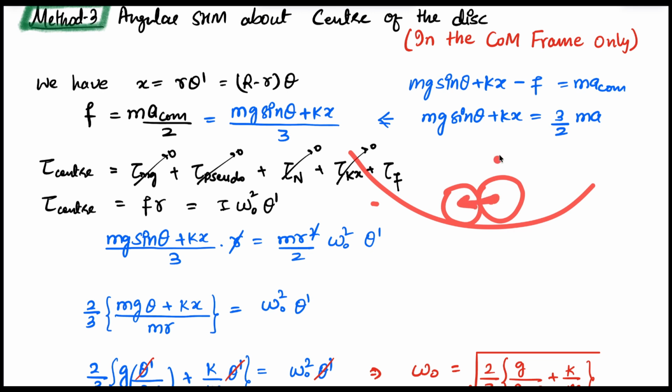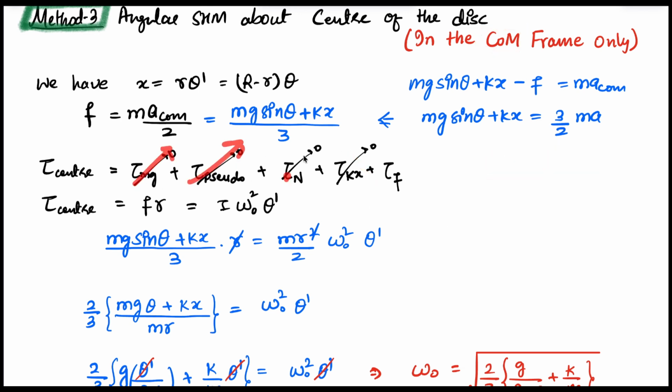So the center of mass is accelerated. But the acceleration will cause some pseudo force, and that pseudo force also passes through the center of mass only. So all the forces passing through the center of mass, their torque will be 0, like mg, pseudo force, normal, kx, spring force. So only friction will have some torque.